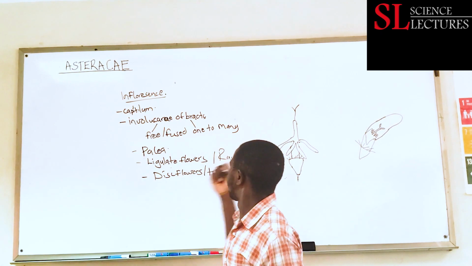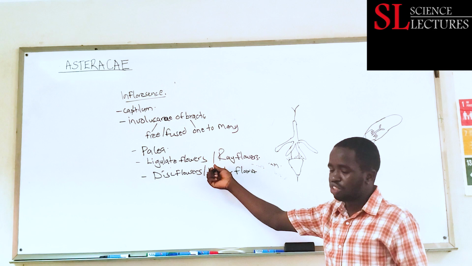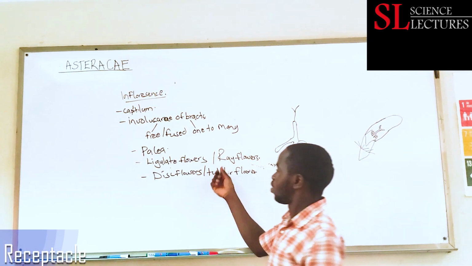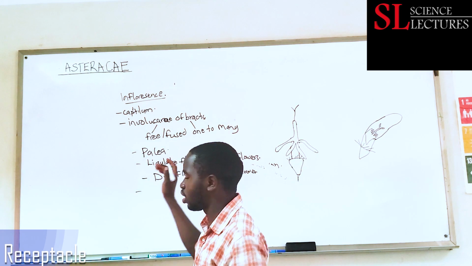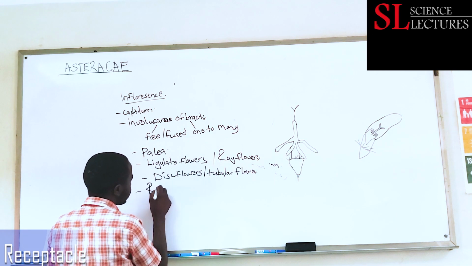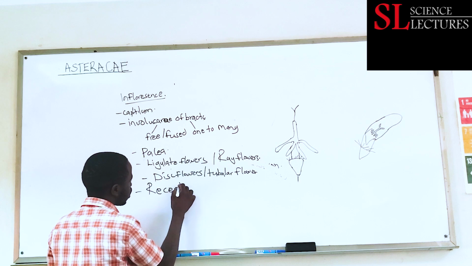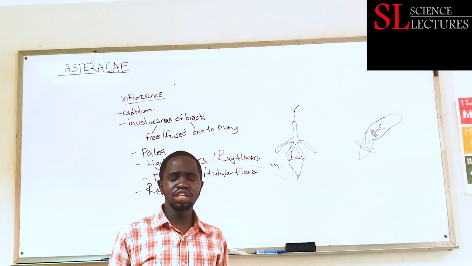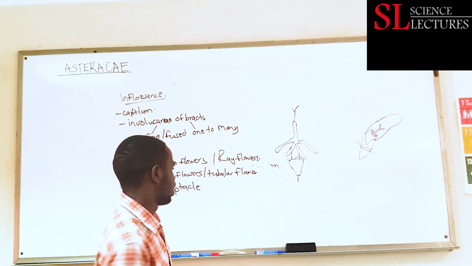So this is made up of ligulate flowers, which you've seen, and tubular flowers. And these flowers are borne on a receptacle. The receptacle tends to have different shapes and sizes.